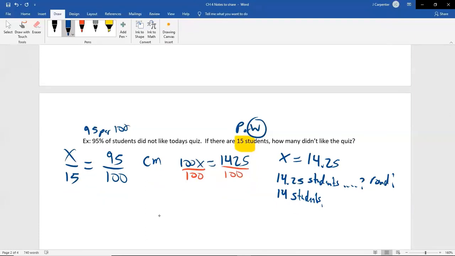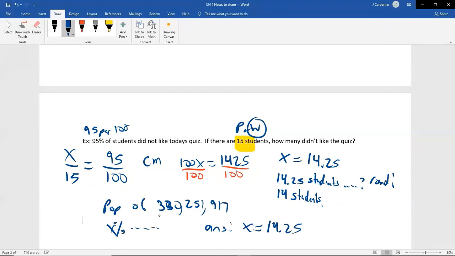Now, if I gave you a problem where I said, like, out of a population of 330,251,917, and then you had some percent, blah, blah, blah, and then your answer was x is equal to 14.25, this is okay in this sense because we're talking about a very big population size.